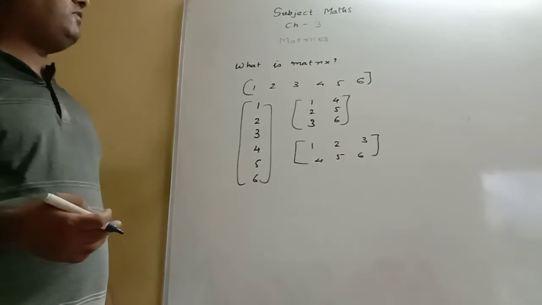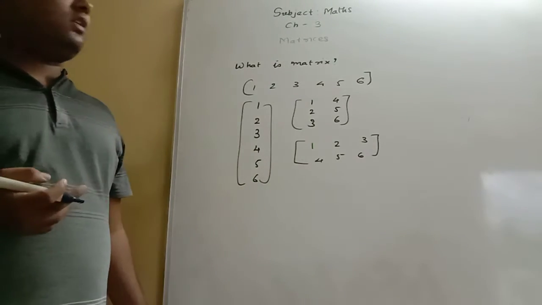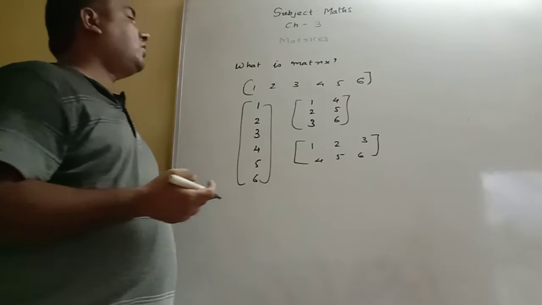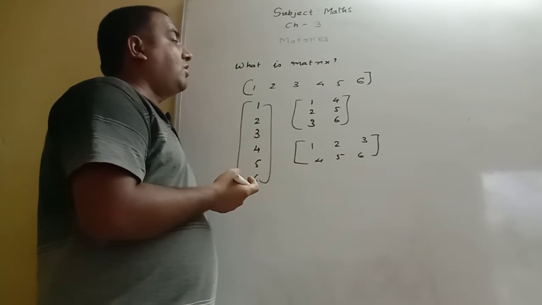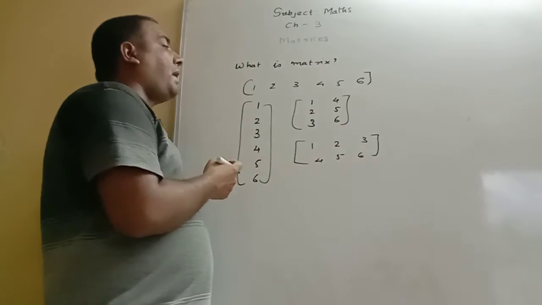Like this, we can represent the numbers in rectangular form in many ways. So the arrangement of any numbers or functions in a rectangular array is called a matrix.